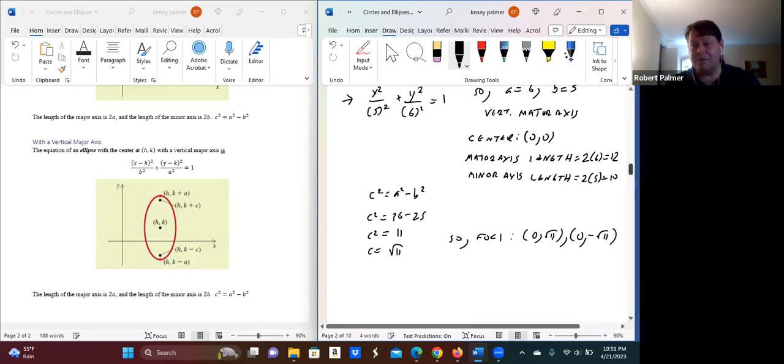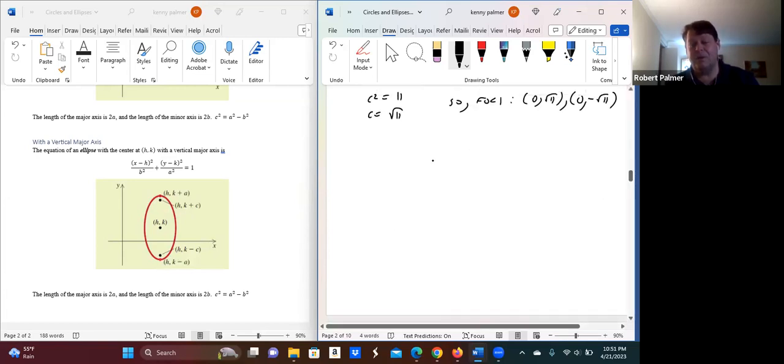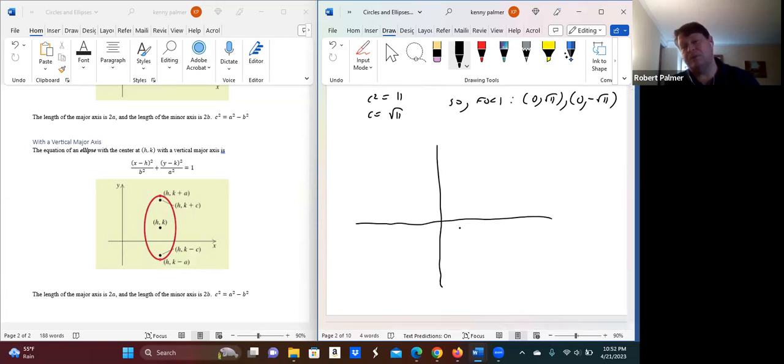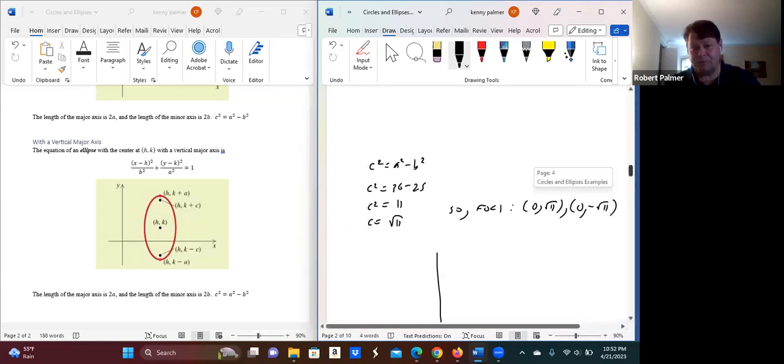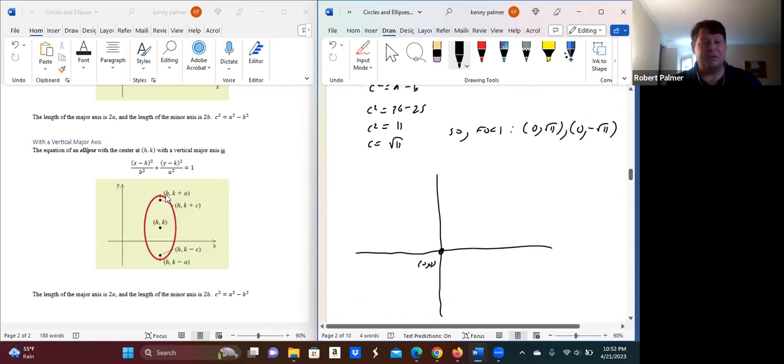Finally, let's draw this. Our center here is 0, 0. Our vertices are h and k, both 0, plus or minus a.